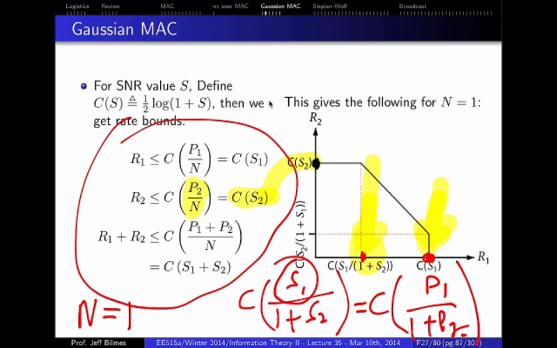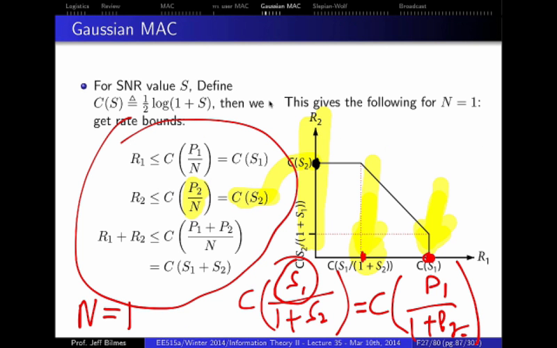That's basically saying X2 is effectively just noise, and so we have to deal with it as noise. In the Gaussian channel case, it's adding it to the noise variable, so the noise variable becomes S2 plus Z. And then symmetrically, we have this stuff over here on the vertical axis as well. So does everybody understand this figure, or why we get these points?